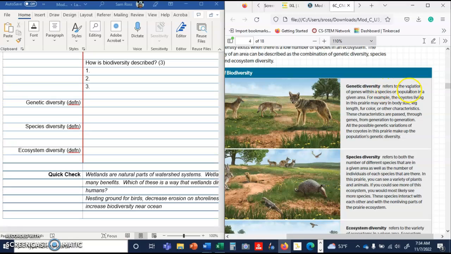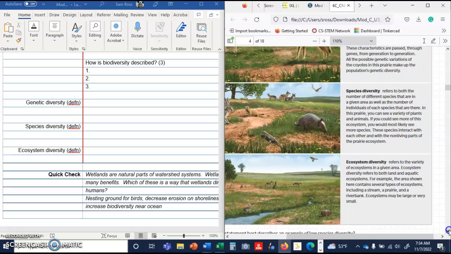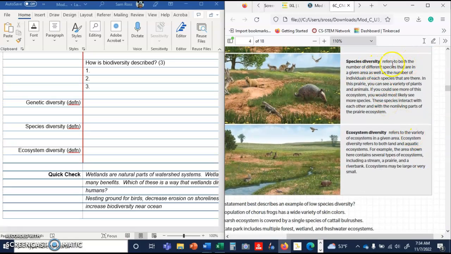Genetic diversity refers to the variation of genes within a species or population in a given area. That's what I would write down for the definition. And then if we continue, species diversity refers to both the number of different species that are in a given area as well as the number of individuals of each species that are there.